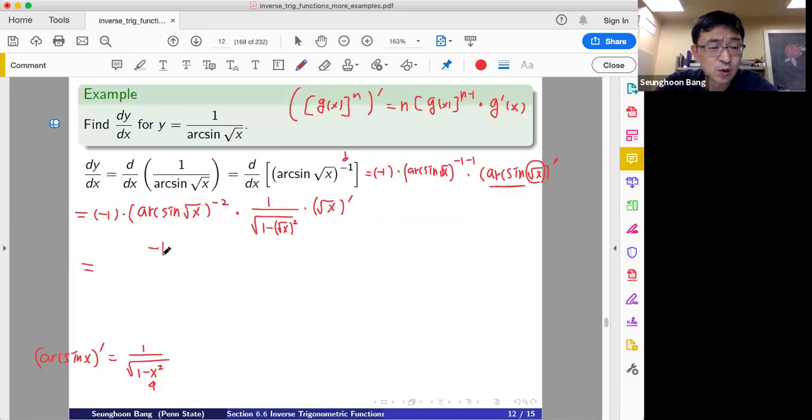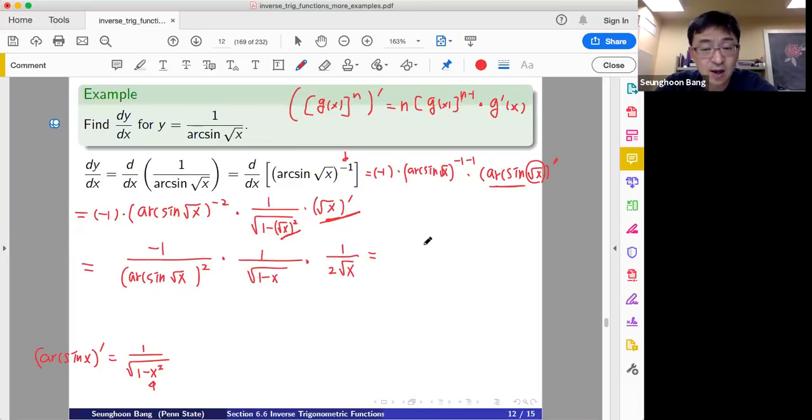My solution goes to the top, changing to the positive exponent, arcsine of root x squared, times 1 over the square root of 1 minus x, since root x squared is only x, times the prime of root x, which is 1 over 2 root x.